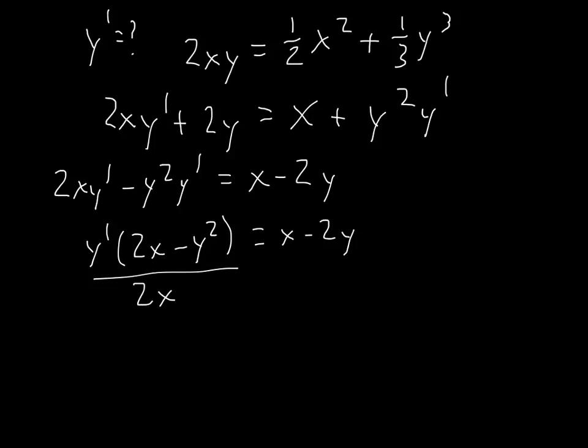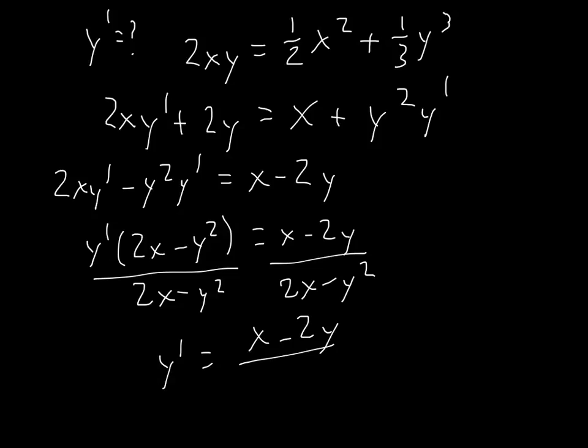Divide by 2x minus y squared. So y prime equals x minus 2y over 2x minus y squared. So I just wanted to do that just so you can see that maybe simpler for you is to write that y prime versus the dy dx.